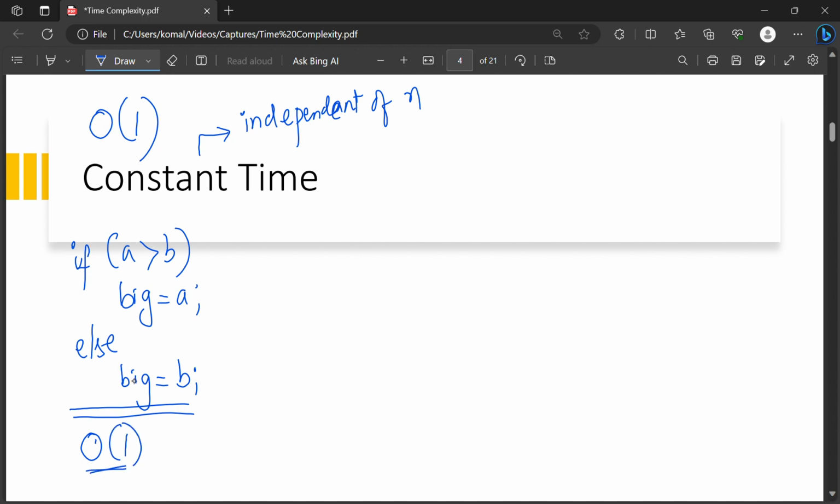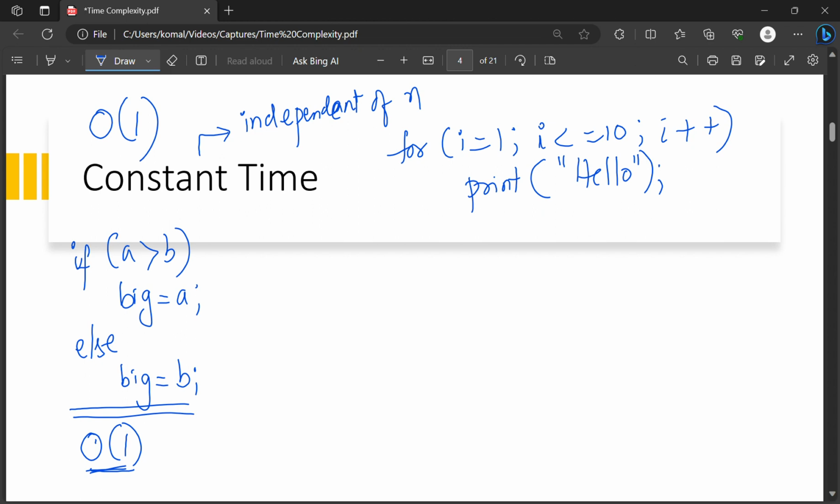Big O of 1 does not mean that it takes only 1 unit of time. It is to tell that it takes a constant amount of time. It does not depend on external input size. Let me give another example. For i equal to 1, i less than or equal to 10, i plus plus, print hello.